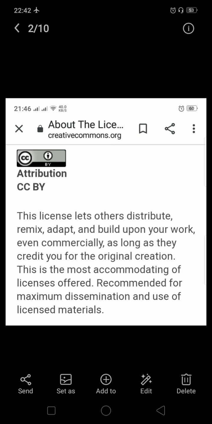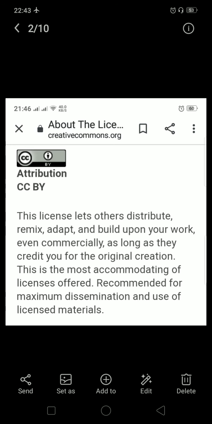Remember that they will give you the credit, but all kinds of activity they can do freely. Remember, freely. If you do this, then your product, your resources will spread around the world because they are freely available and people can download them, modify them and use them. They can do it legally.